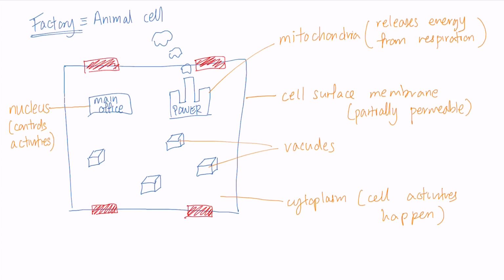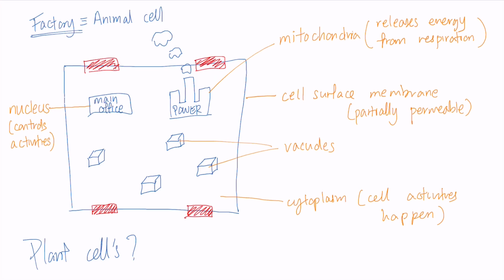I will get you to submit this drawing when school reopens. So basically, if this is my example for an animal cell, how will a plant cell's one look like? Try to create a model, try to create an analogy for yourself and see if you can follow what is supposed to be taken note of.